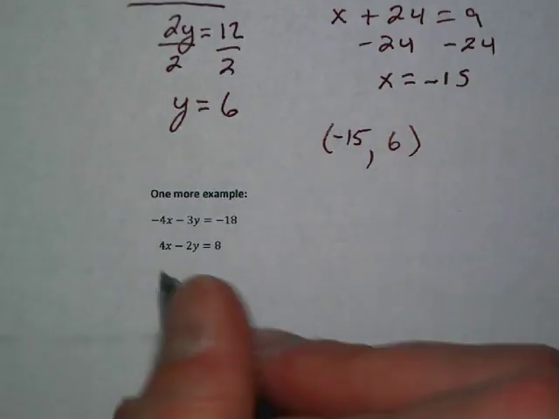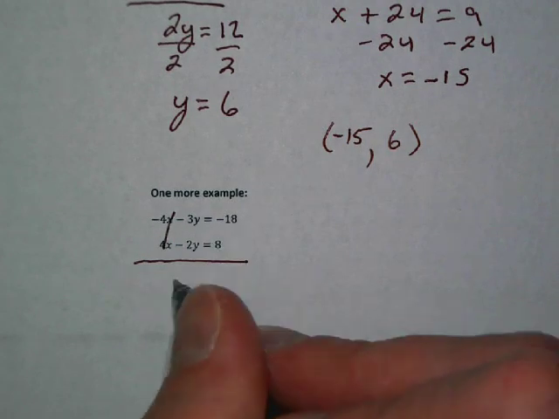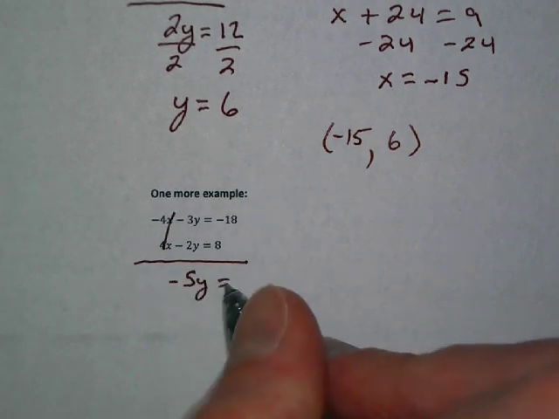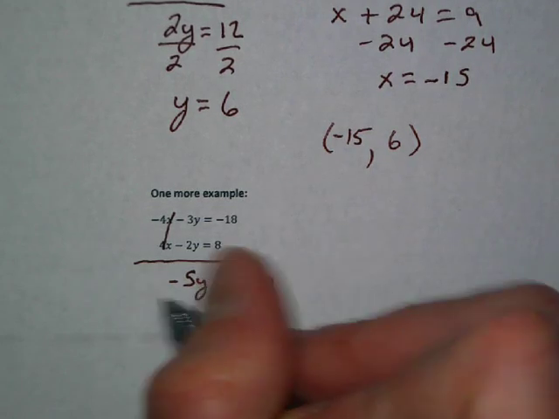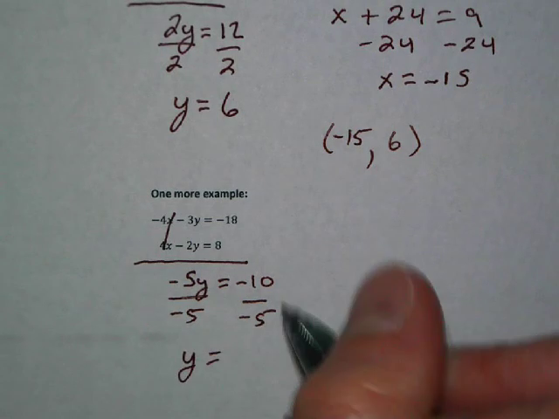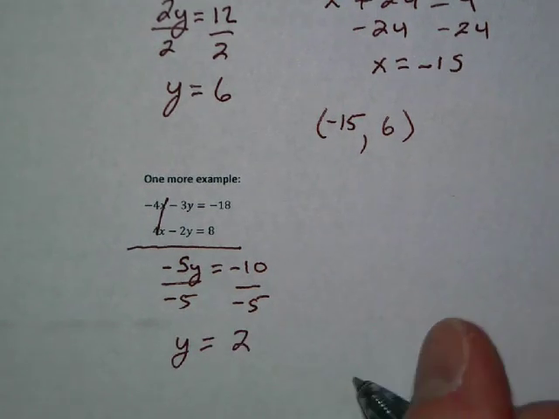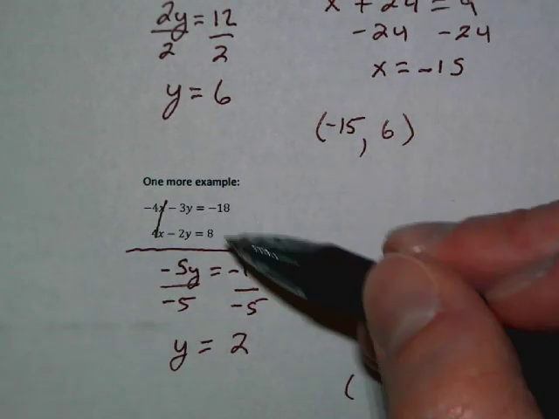Okay, one more like that. In this one, our x's cancel, negative 4x and positive 4x. Negative 3y and negative 2y combine to be negative 5y. Negative 18 plus 8 gives you negative 10. Then we divide by negative 5, and that gives us y is 2. We take 2 and plug it back in for y.